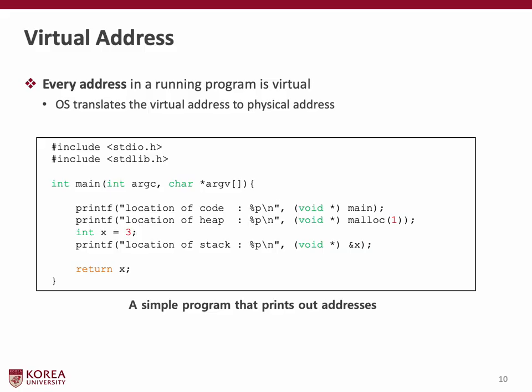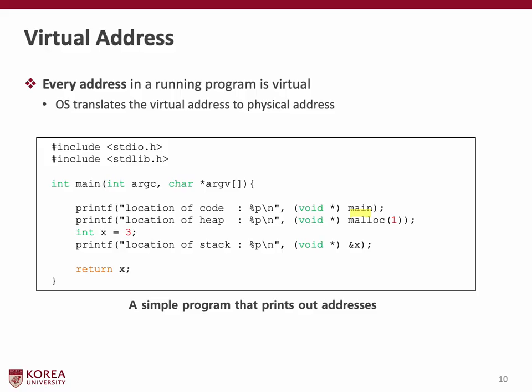Okay, now let's take a look at the example program code. If you look at this code, it first prints out the name of the main function. In C language, a function name can also be treated as a pointer. So this line basically means displaying the starting address of the main function.